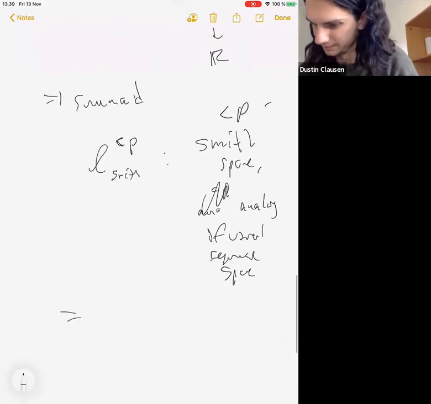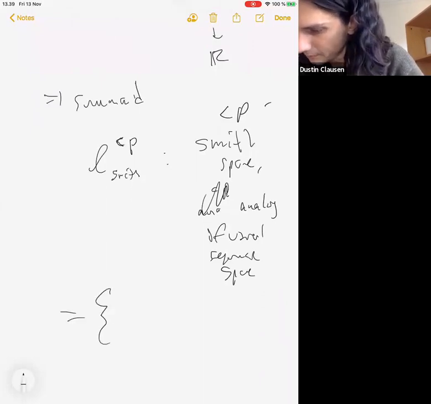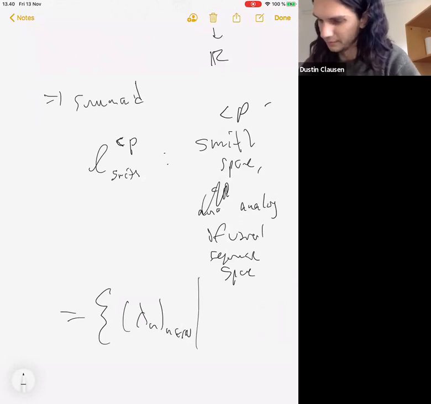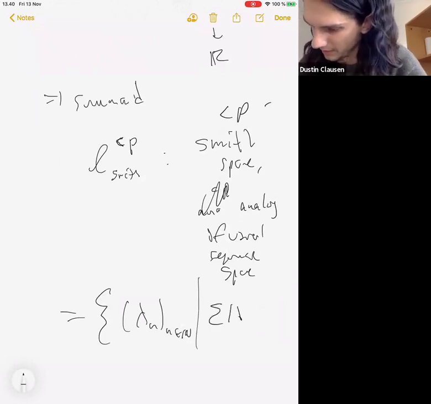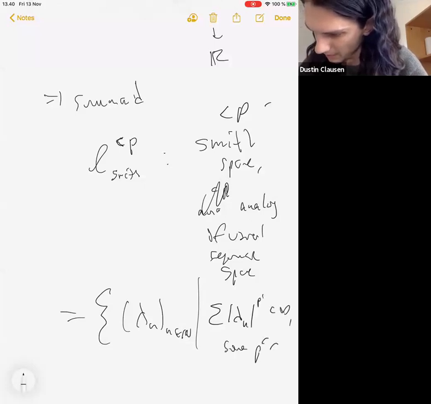It is just the set of all lambda n with n in N such that the sum of the absolute value of lambda n to the p prime is less than infinity for some p prime less than p.